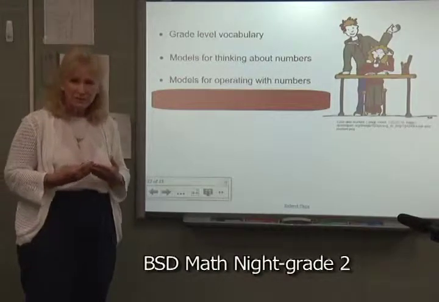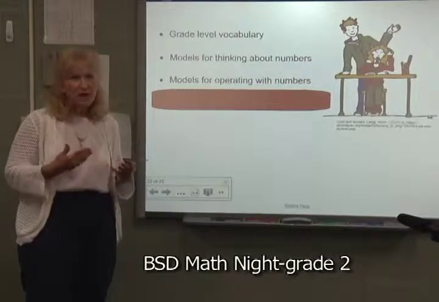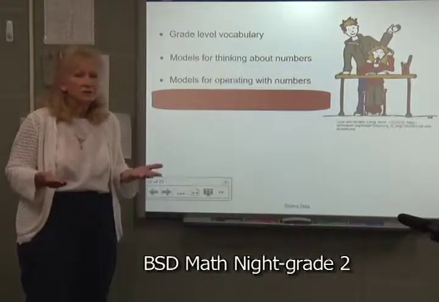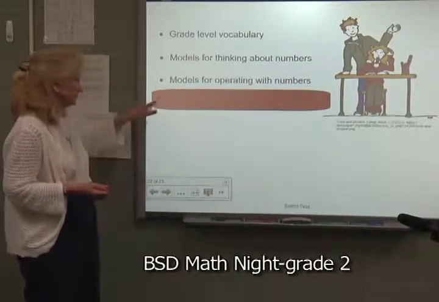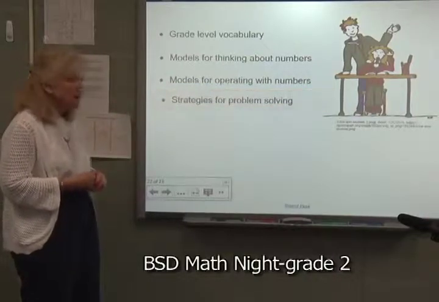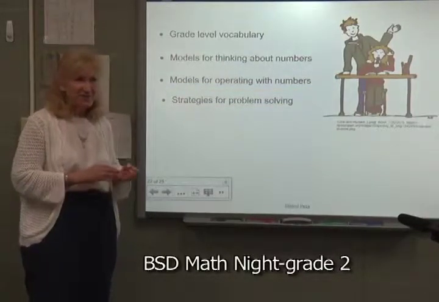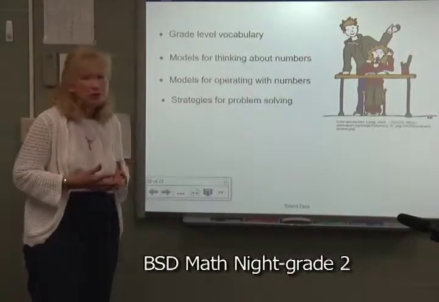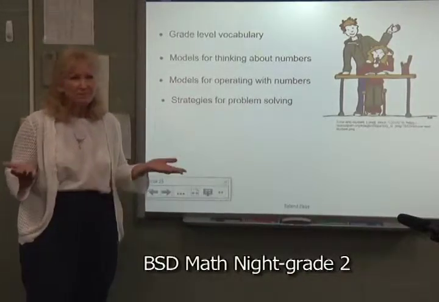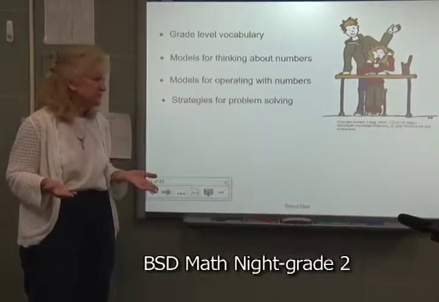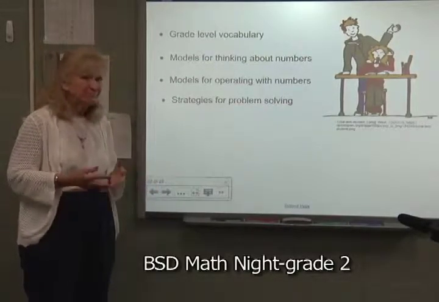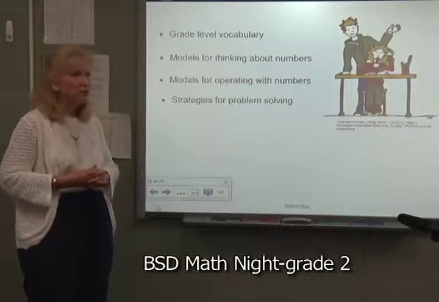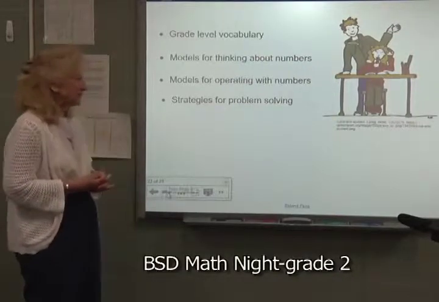Models build conceptual understanding. Without models, we're blindly doing a procedure. Strategies for problem solving, the models, the visuals, gaining entry into a problem. Without an entry, we have frustration, and then we have adults who don't like to do math.